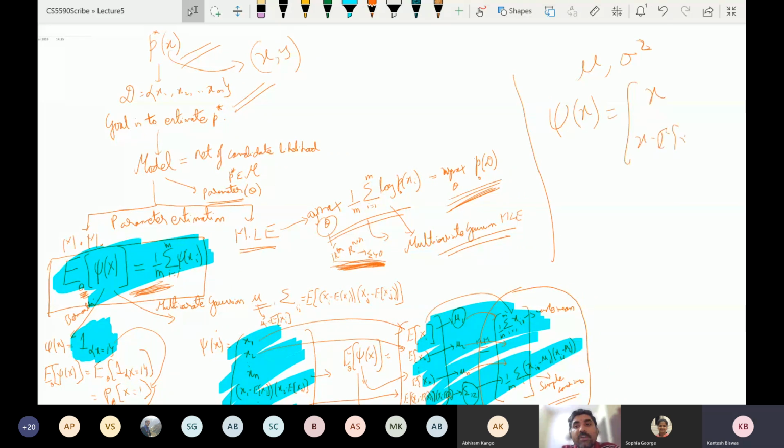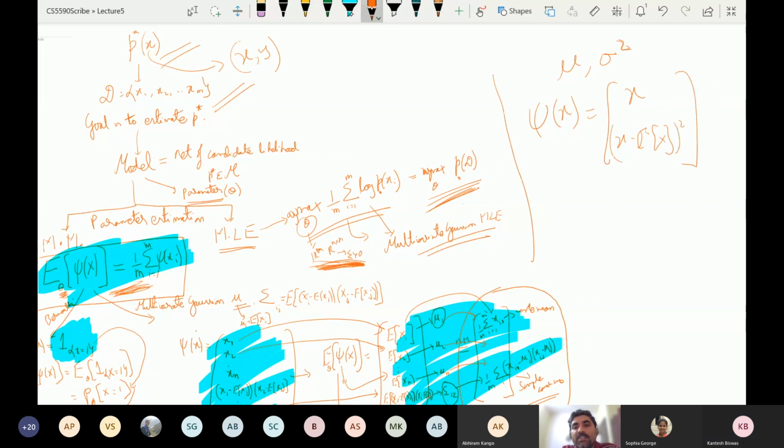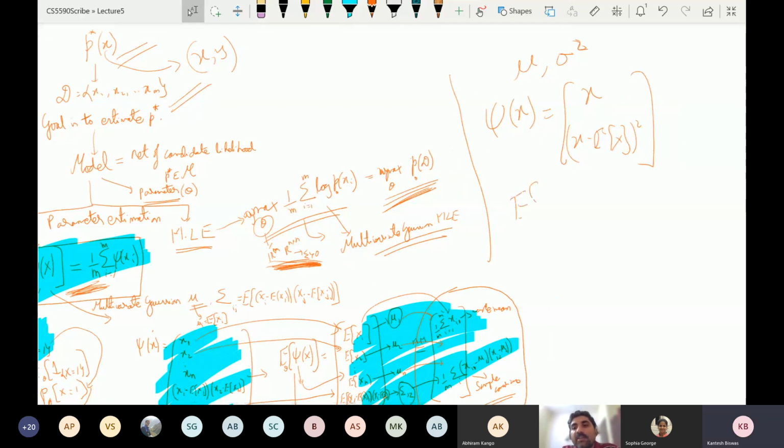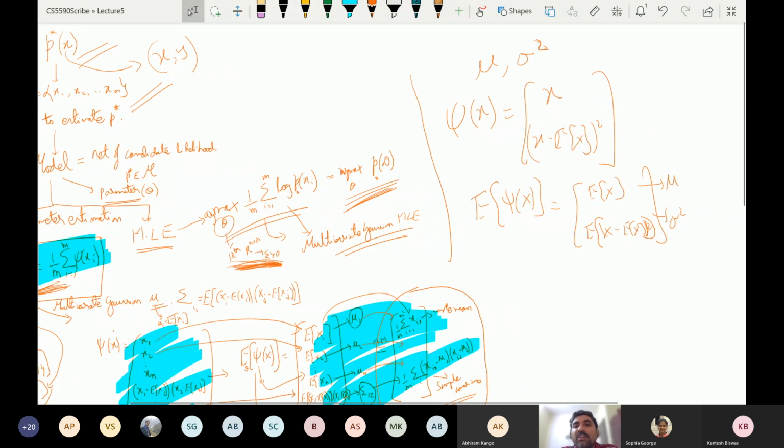This is what we took as the psi function. Because with this choice, my expectation of psi of x will simply be expectation of x and expectation of x minus expectation of x squared, right? So this is mu, this is sigma square, right? That's why we chose this as a psi function. So the psi function need not be scalar even if your distribution is univariate. This is the counter example.